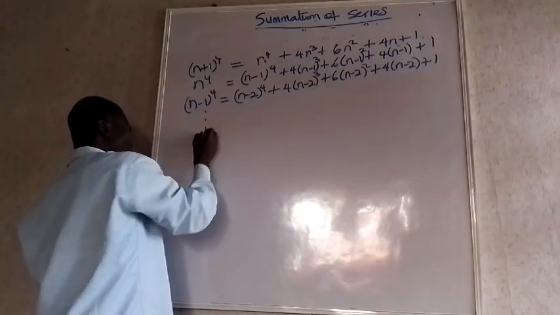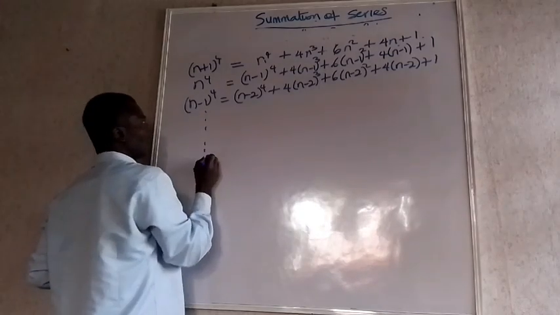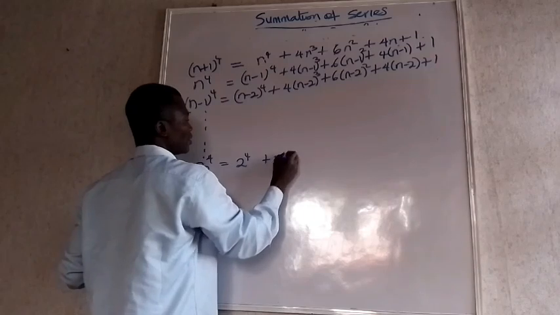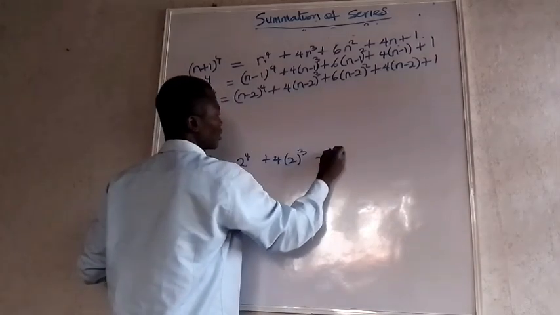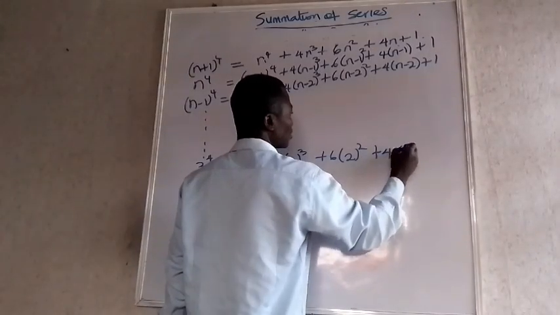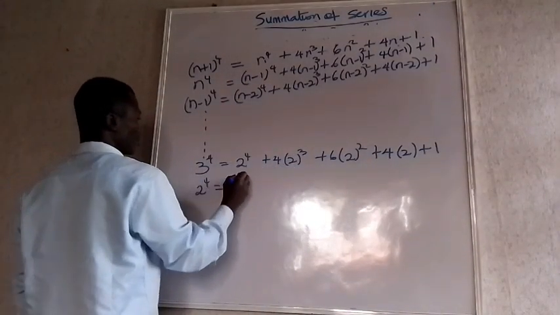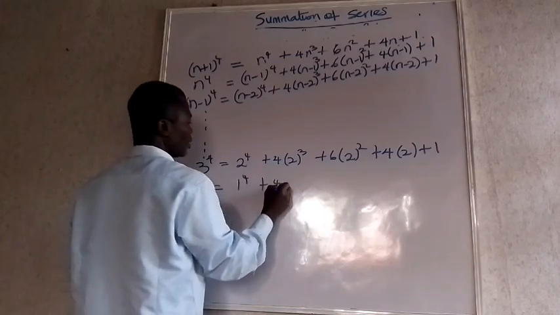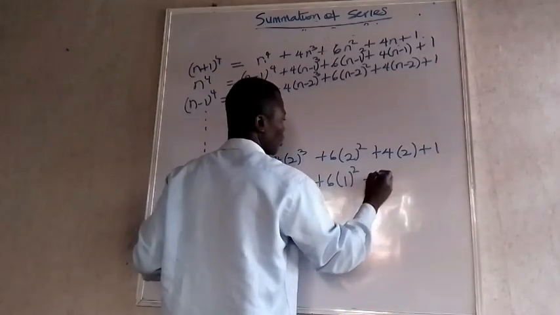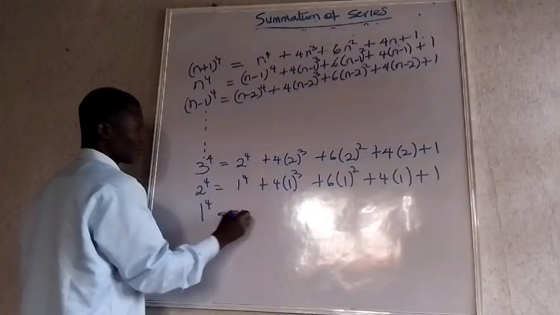If I continue like that, then we come to 3 raised to the power 4, which will be equal to 2 raised to the power 4 plus 4 into 2 cubed plus 6 into 2 squared plus 4 into 2 plus 1. 2 raised to the power 4 will be equal to 1 raised to the power 4 plus 4 into 1 cubed plus 6 into 1 squared plus 4 into 1 plus 1. So 1 raised to the power 4 will be equal to 1.